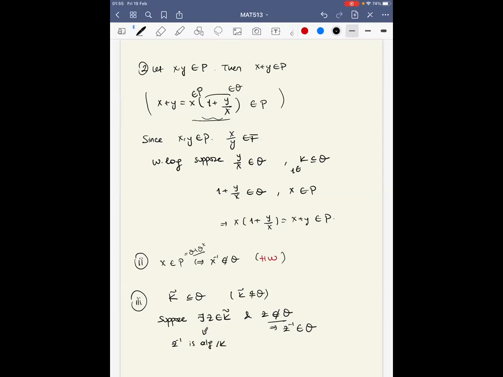We can consider a non-trivial polynomial equation that contains z inverse as a root.